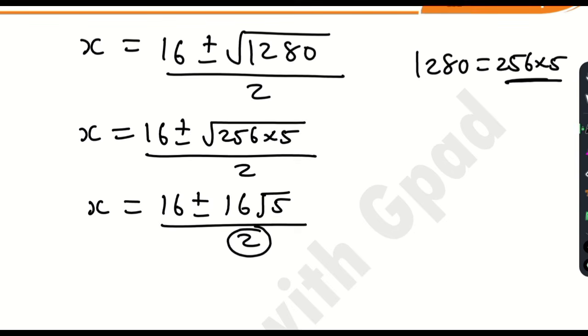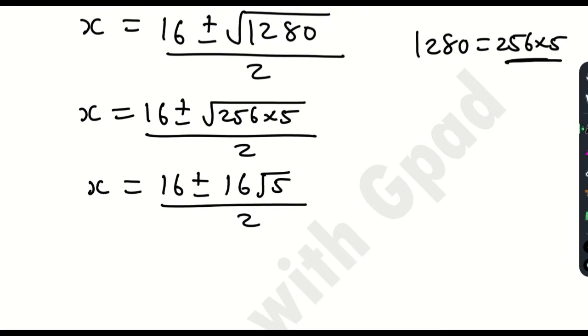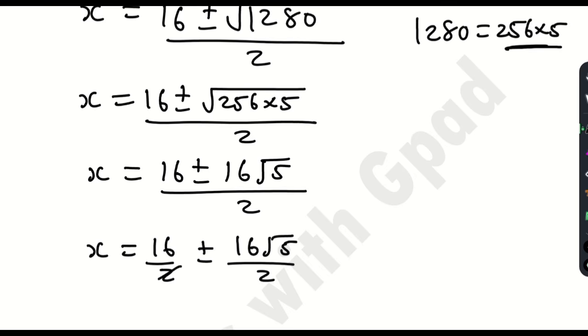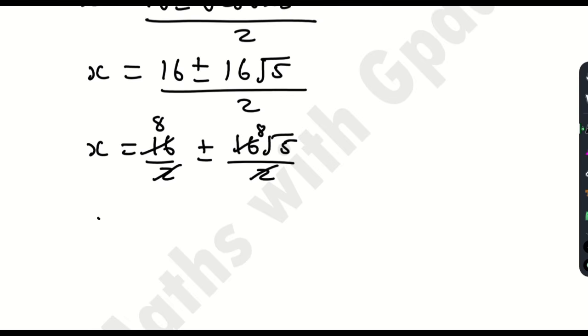So let's quickly do that to make the expression much simpler. So x here is equal to 16 over 2 plus or minus 16 root 5 over 2. So 2 into 16 is 8, and 2 into this 16 is 8. So we have that x is equal to 8 plus or minus 8 root 5.